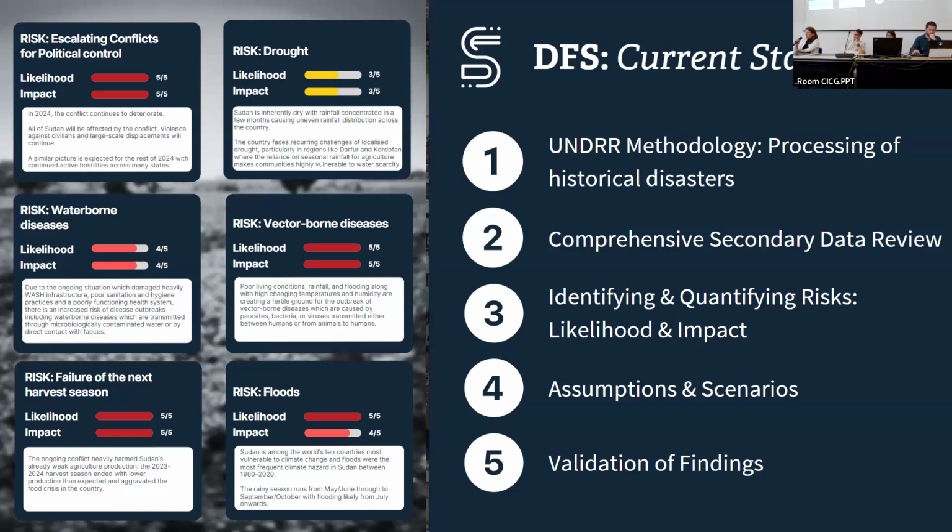Once we have that, we can do the scenario building, which is really up to your scope. That can be just the most likely, the best case scenario, or the worst case scenario. You can disaggregate your scenario per sector: what would be the impact of this risk per sector or intersectorally? Again, that's really up to the scope of your analysis.